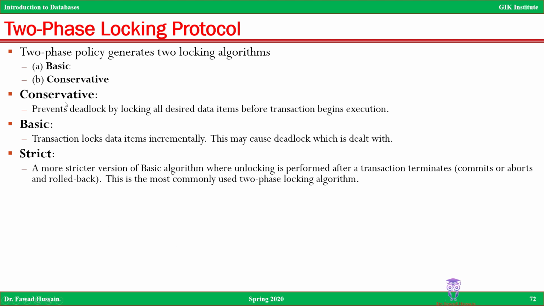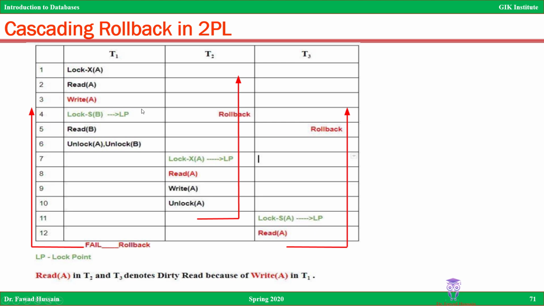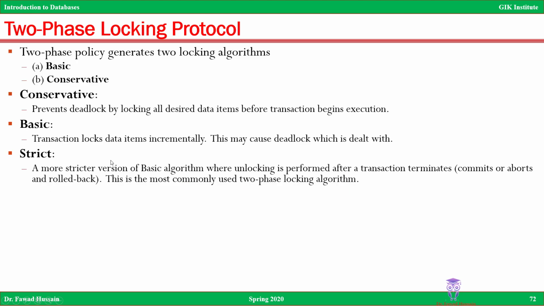The conservative locking protocol prevents deadlock by locking all desired data items before a transaction begins execution. So it's not going to have a lock and unlock; it's going to acquire all the locks. Lock on A and lock on B will occur at the same time. If you can't lock everything that you need, the transaction won't start.